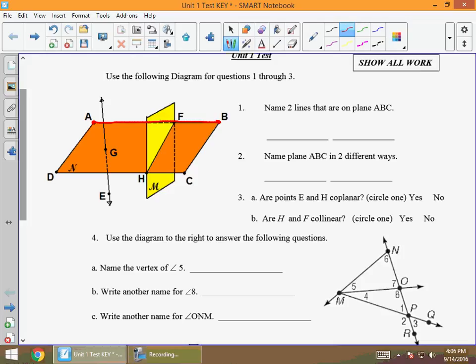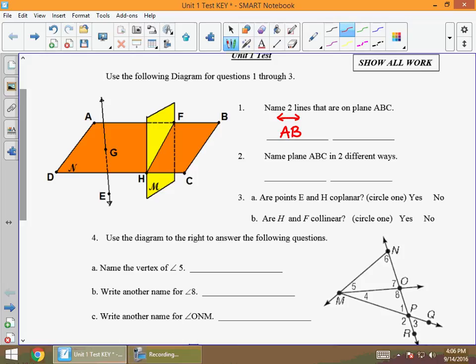So this AB, although we only see the segment part of it, that AB is actually a line, and it is going to go all the way out to infinity. Now, if you did not put a line over top of it, I did not count that against you. But understand that if it says name 2 lines, name it a line. Don't name a segment or a ray. Name it a line.